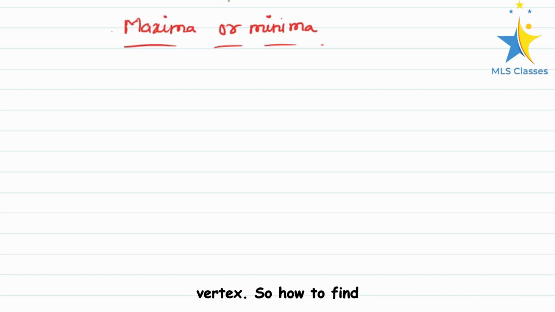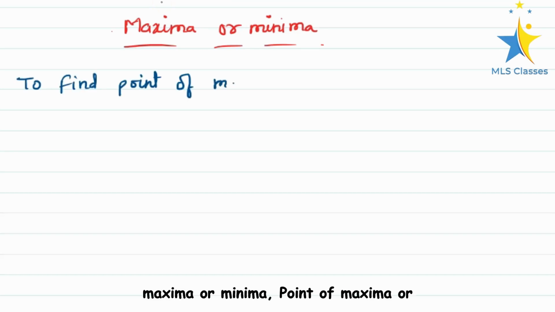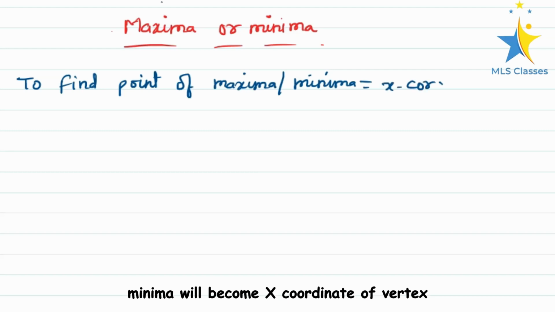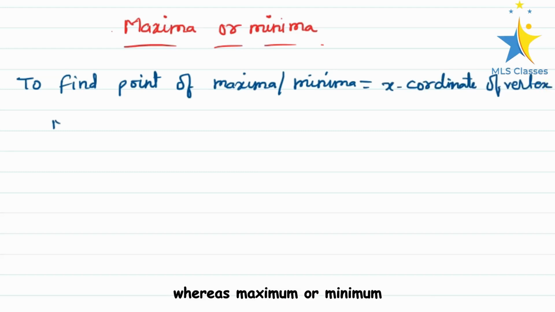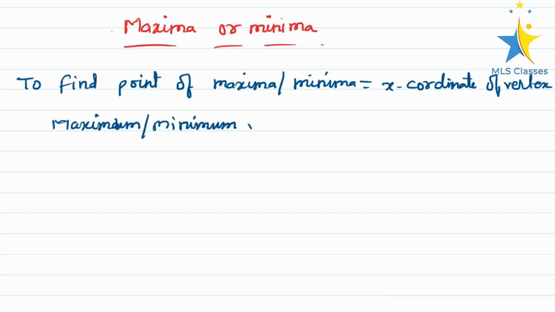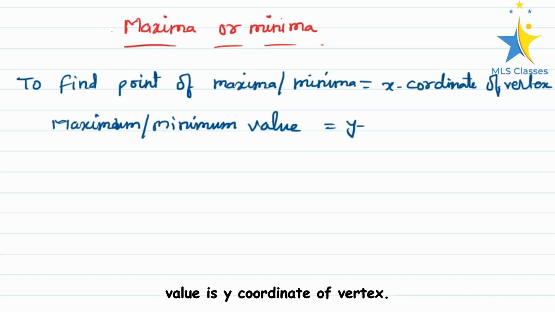So how do we find those maxima or minima? Basically we just need to find the vertex. The point of maxima or minima is the x coordinate of the vertex, whereas the maximum or minimum value is the y coordinate of the vertex.